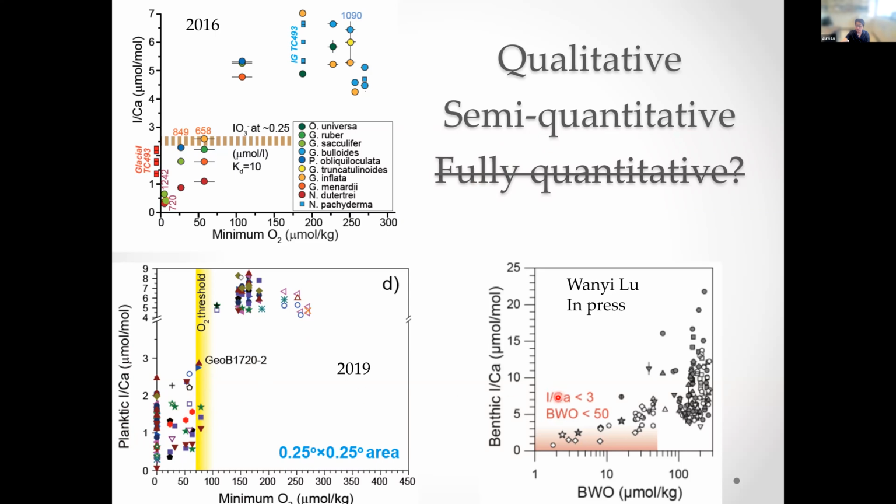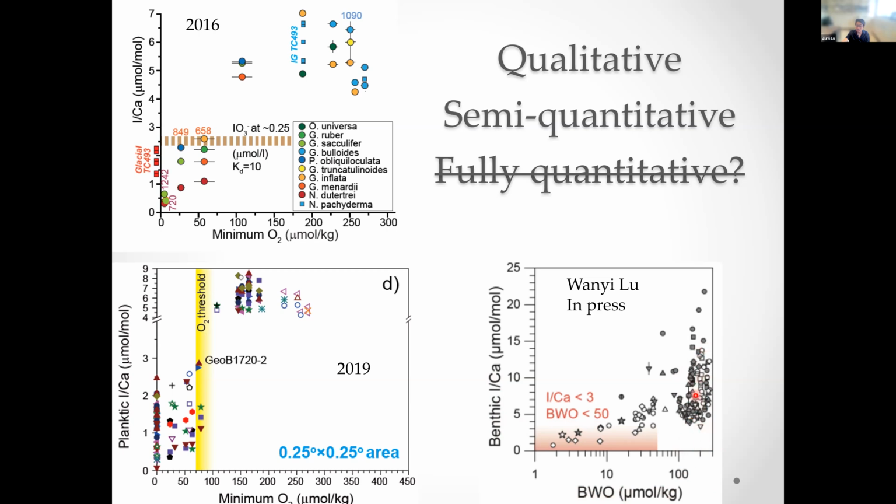If you look at some of the recent data that my student generated, now that he is at Woods Hole, in a paper that is coming out, this is the benthic foram iodine to calcium, the foram that lives at the seafloor. Again, you see massive scatter at the higher bottom water oxygen range.